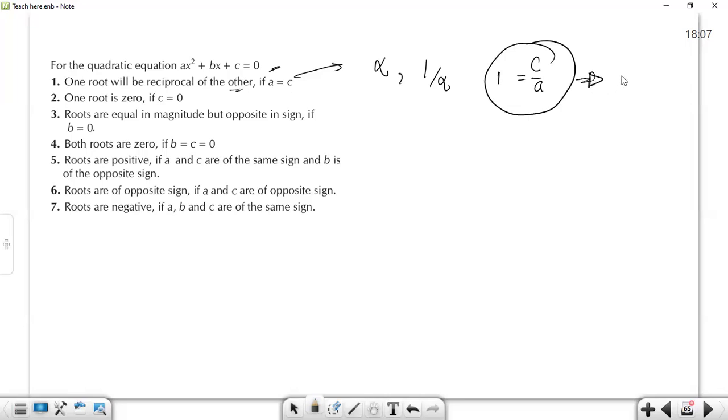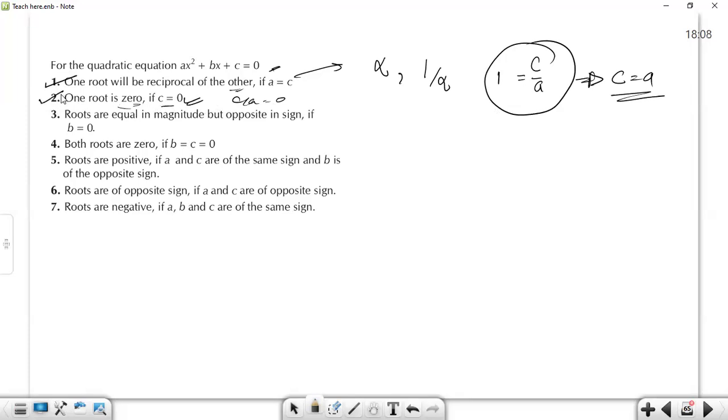So further we can write c is equal to a. Clear? Yes, sir. And if one root is 0, then the product is going to become 0, so c by a is 0. That means c is 0. Clear?